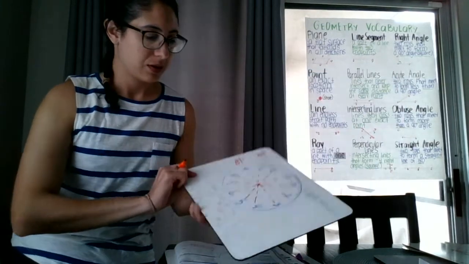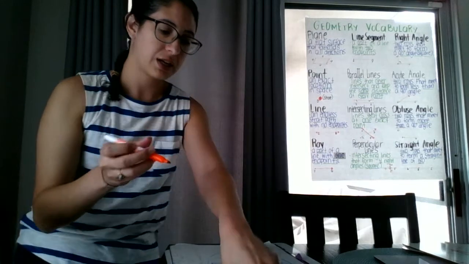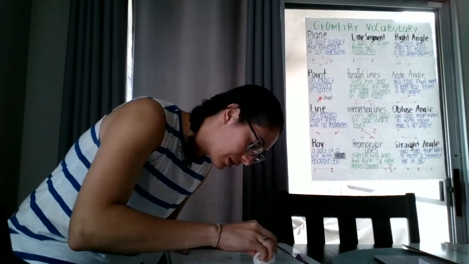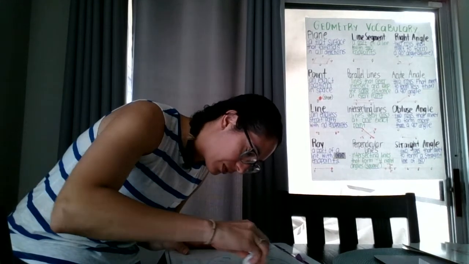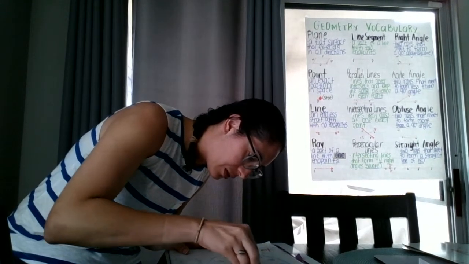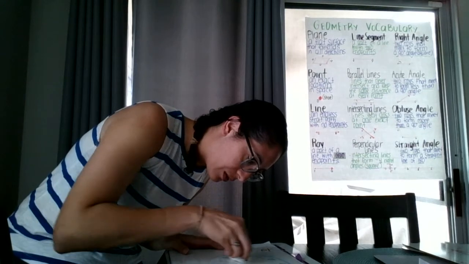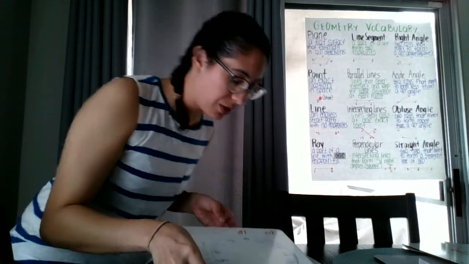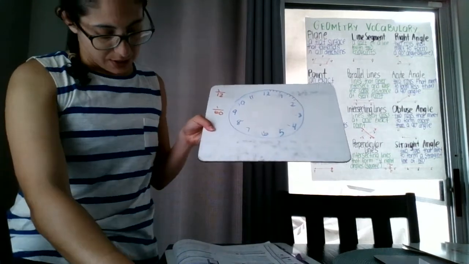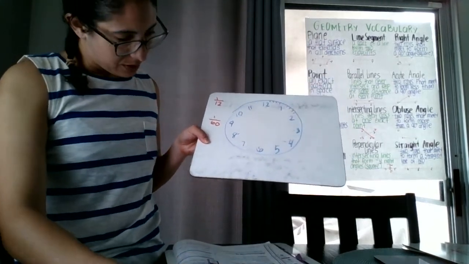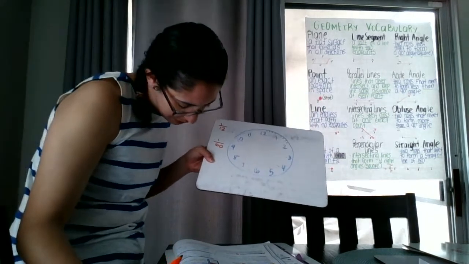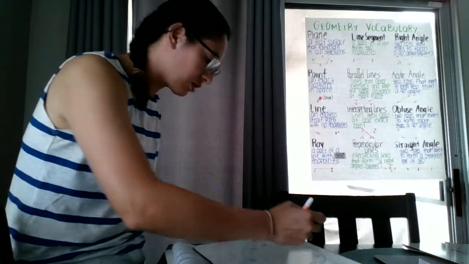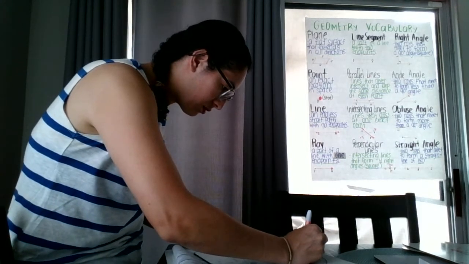Okay, I'm going to erase the inside that I drew for you so that you can see it better. Okay, so ignore any orange that you see left. So in the book, there's a problem that looks like this. It shows that it's 4 o'clock.